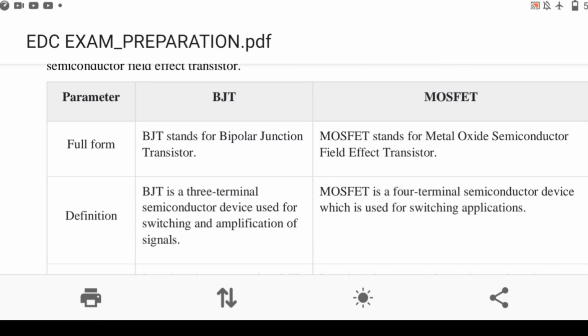MOSFET is a 4-terminal semiconductor device, and here you can mention the symbols of MOSFET and BJT also. MOSFET is used for switching applications only.